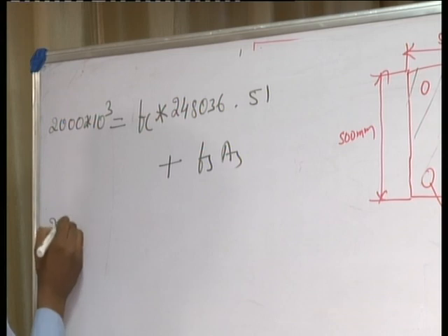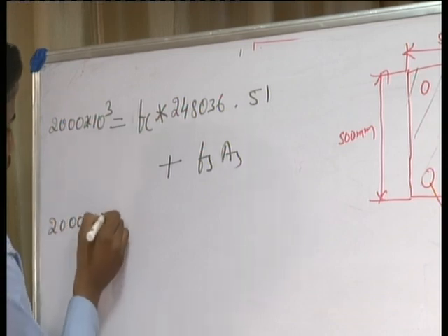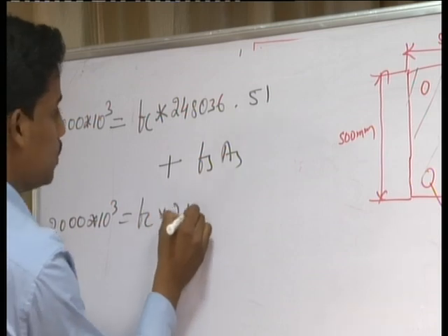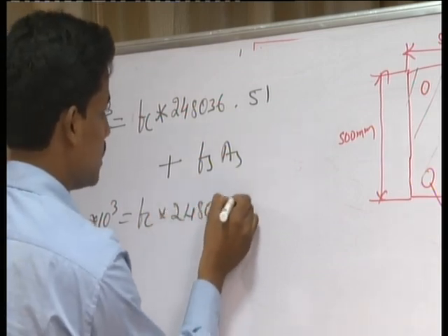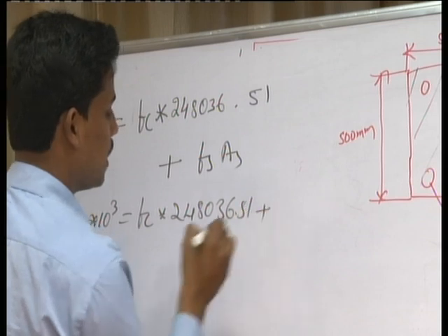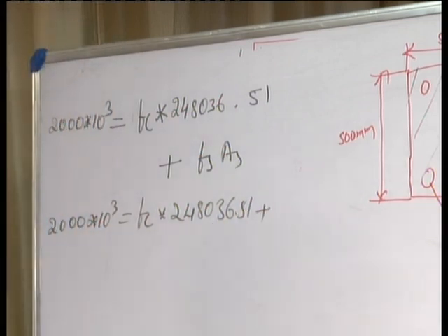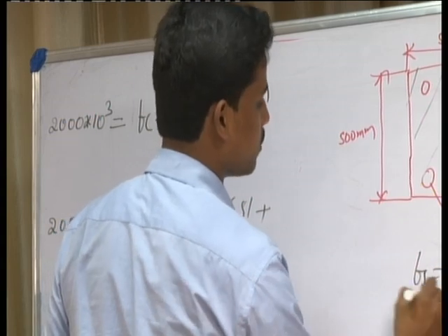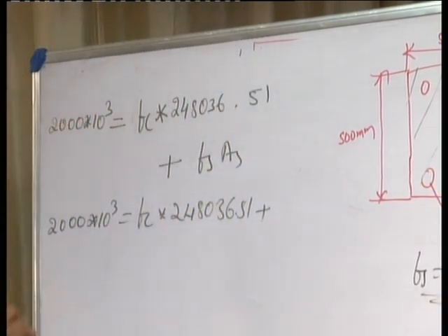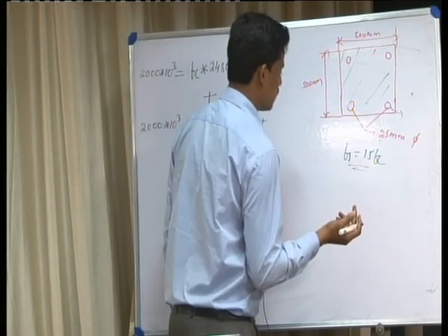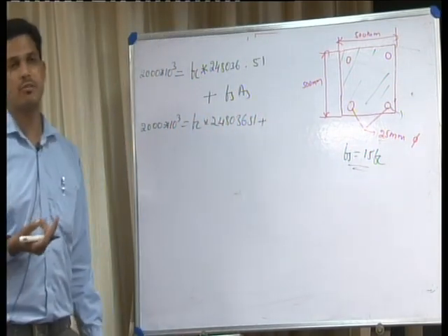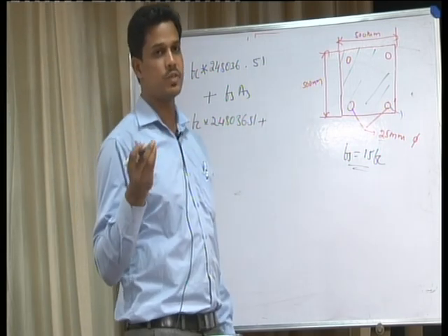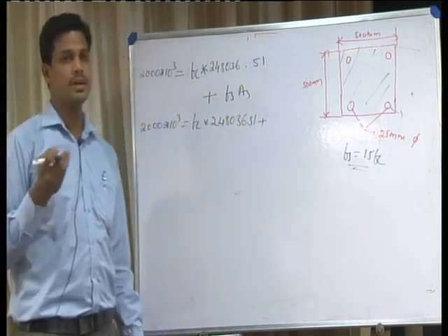So 2000 into 10 to the power of 3 is equal to Fc into 248036.51 plus, we developed an expression that Fs is equal to 15 Fc. If you express Fs in terms of Fc, it is very easy to solve the equation.